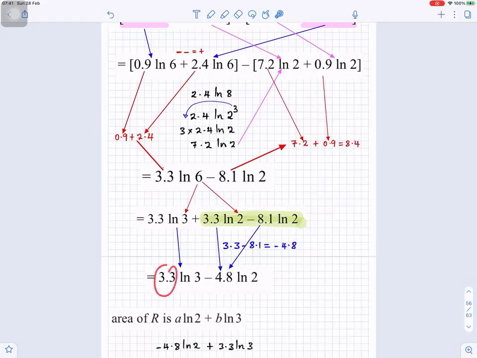So you have 3.3 ln 3 minus 4.8 ln 2. That's what you get. You can swap them and put minus 4.8 ln 2 in front and 3.3 ln 3 at the end, so that you have something similar to what they want you to show for the area.